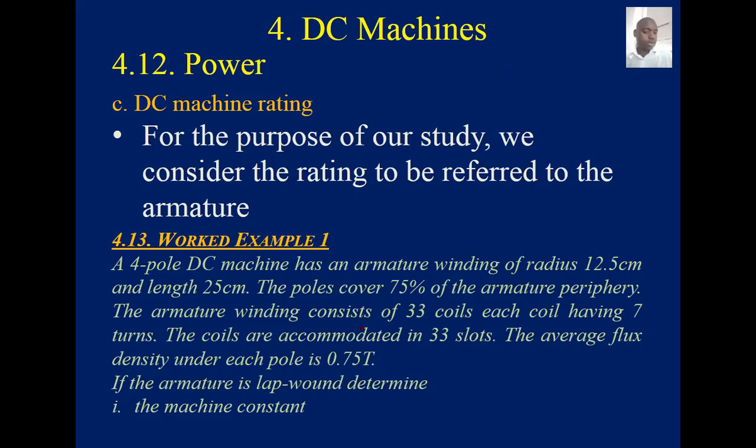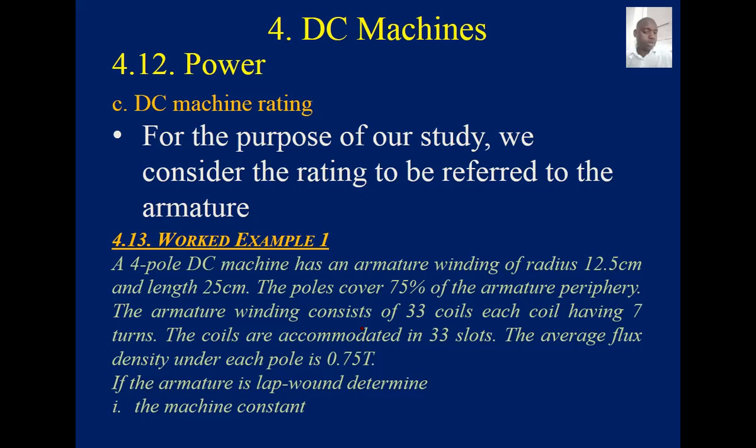The pole covers 75% of the armature periphery, and the armature winding consists of 33 coils, each having 7 turns. The coils are accommodated in 3 slots. The average flux density under each pole is 0.75 Teslas.